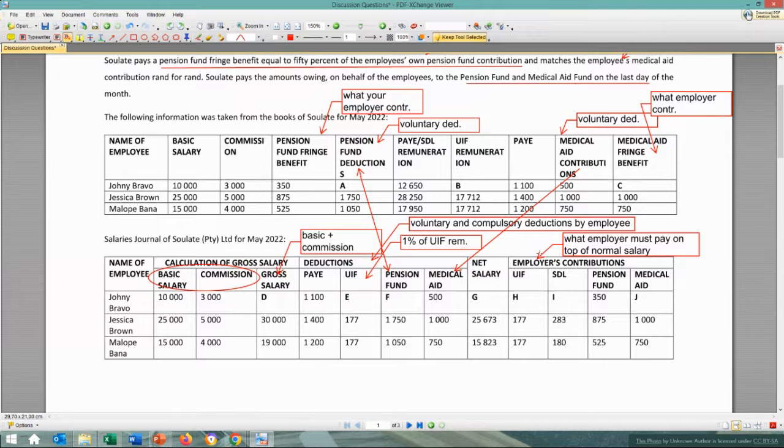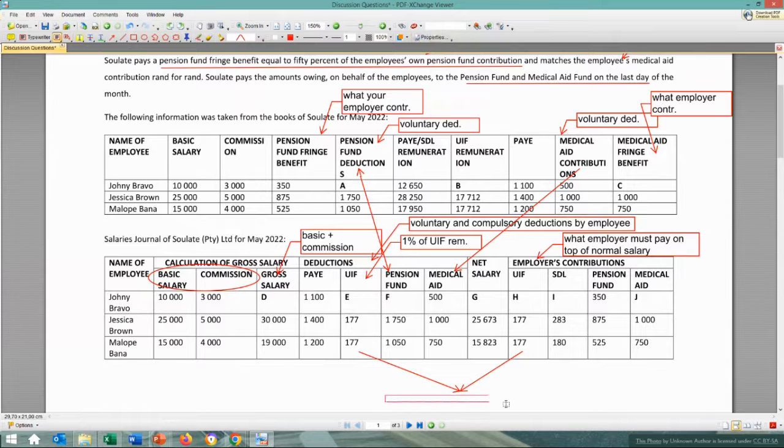Okay, so Impede says 130 rands, and that is absolutely correct. It is exactly the same amount as E. So whatever we capture under the UIF deductions for the employee, we would also capture for the employer. So I'm just going to do this, so that you guys know those two columns should always be the same.